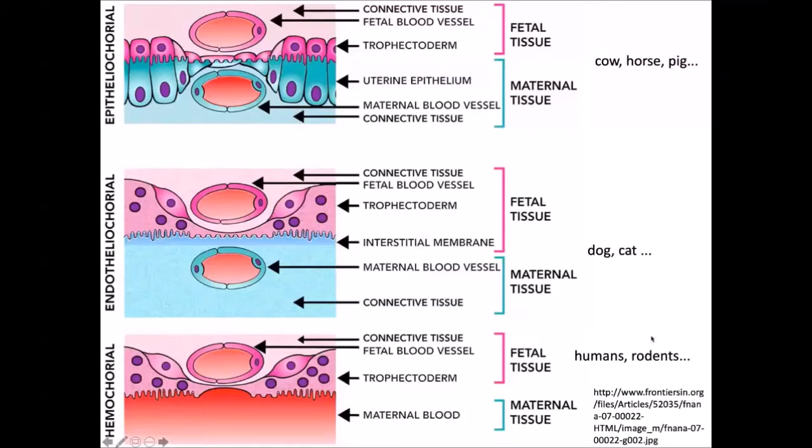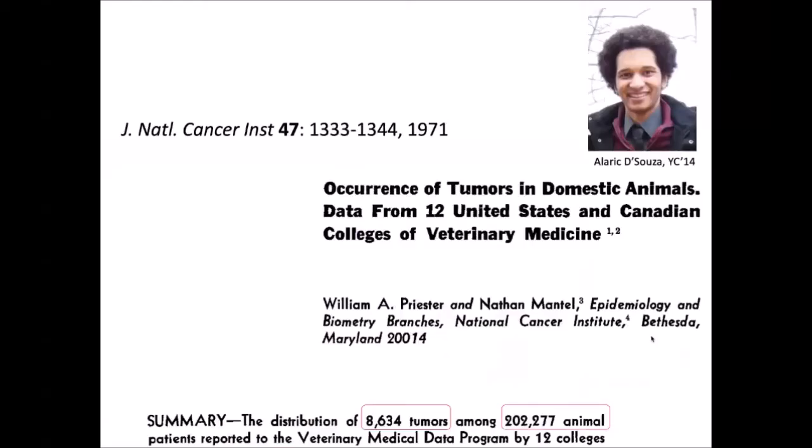So the first question was, can we substantiate a connection between placenta type and malignancy rates? The best, most extensive data was this quite old paper from the National Cancer Institute, with data from over 200,000 animals.